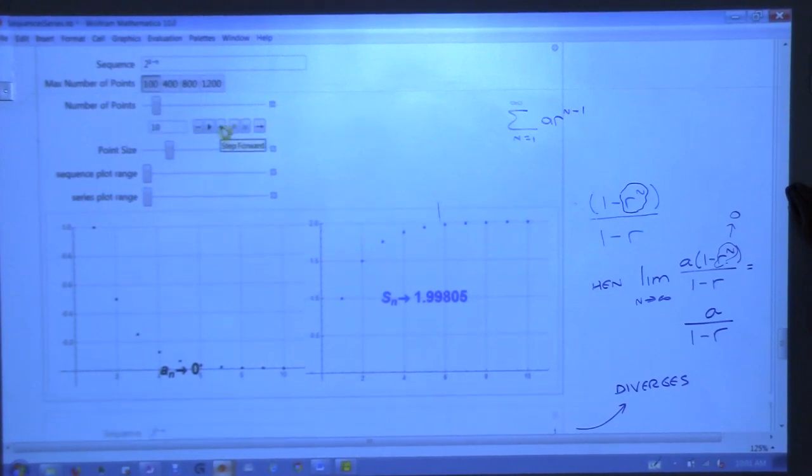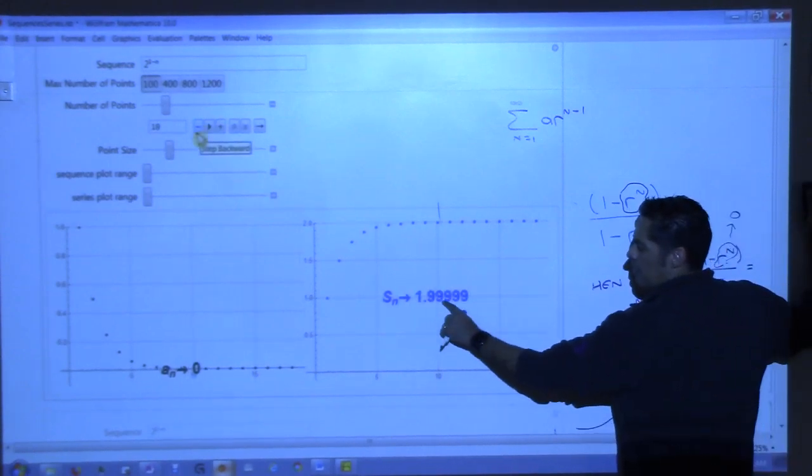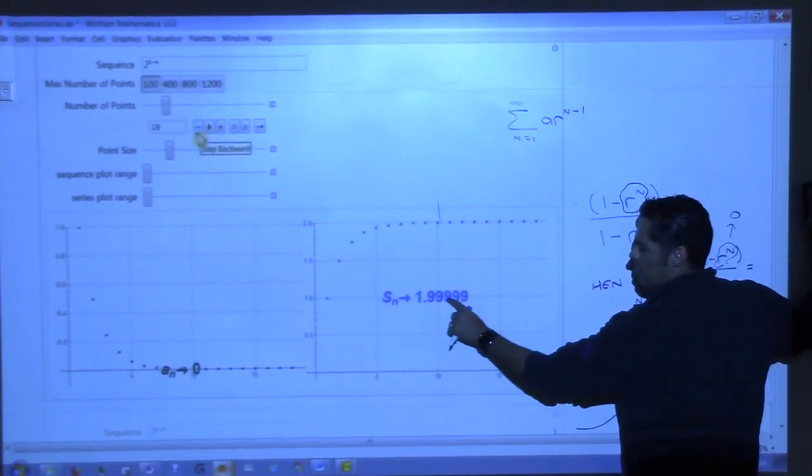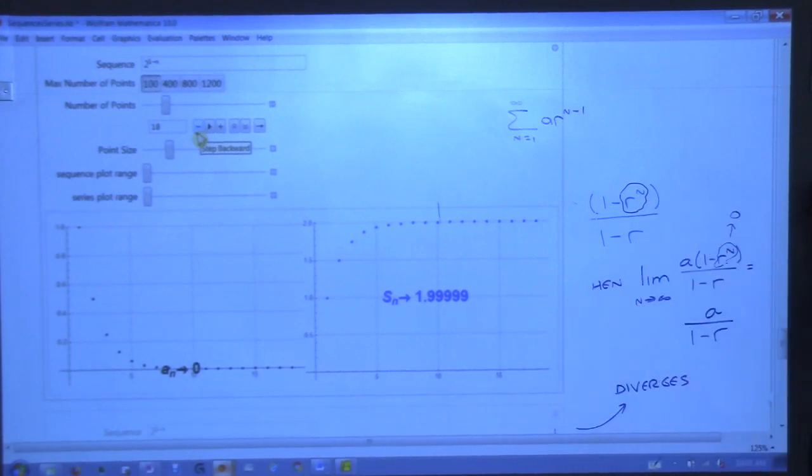Okay, there we go. So look at this number here, 1.99. I'm 15 terms out, 1.9. Look at that. At the 20th term, I'm at 1.9999. So what's this? Tenths, hundredths, thousandths, 10,000ths, 100,000ths, right? So I'm within 1/100,000th of 2 after adding up the first 18 terms.